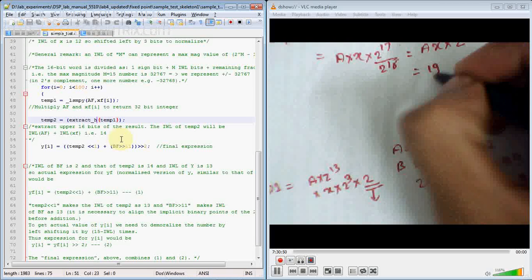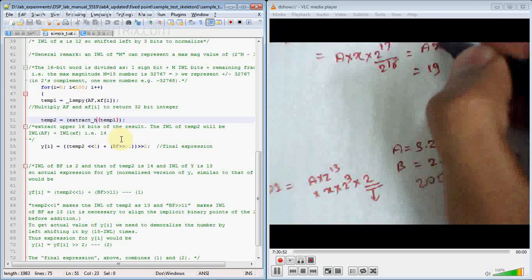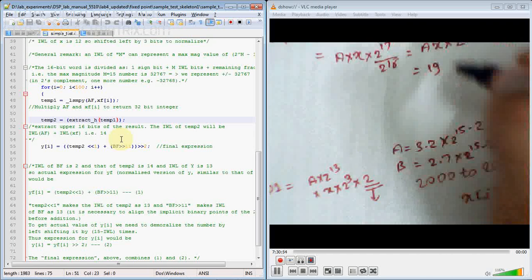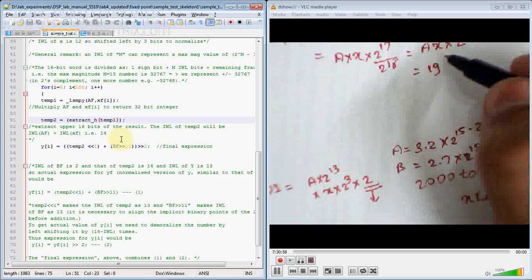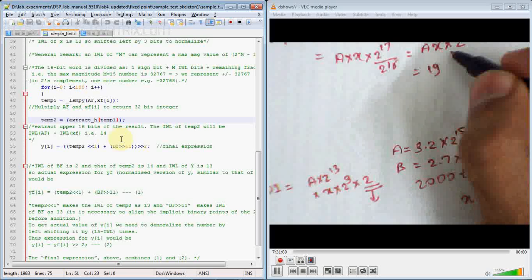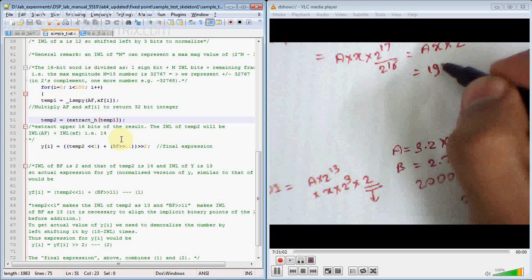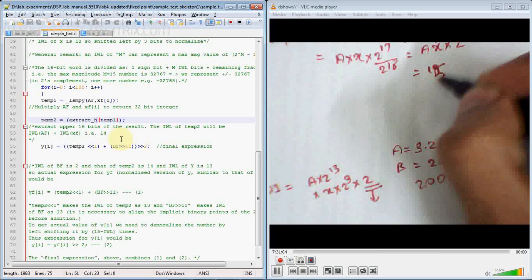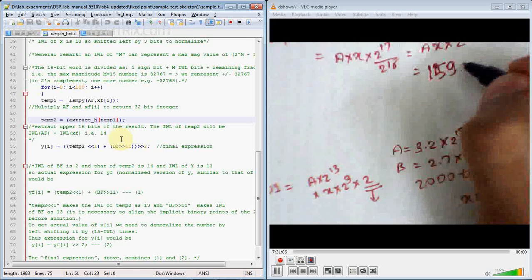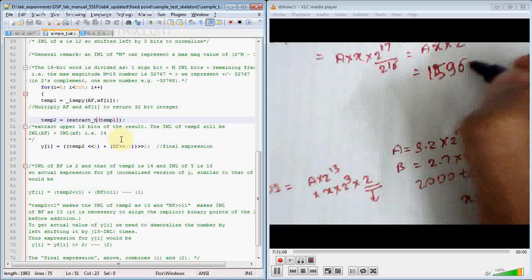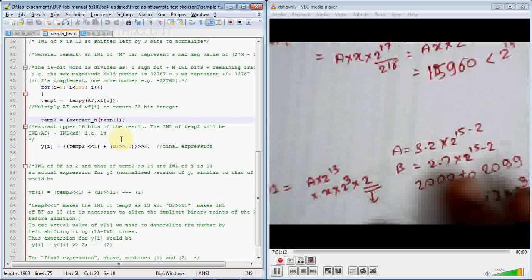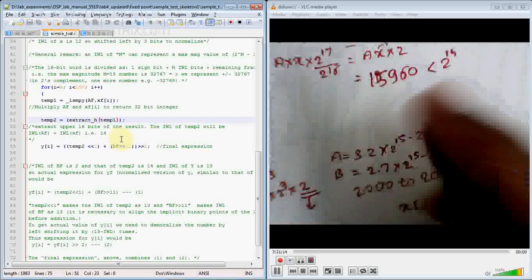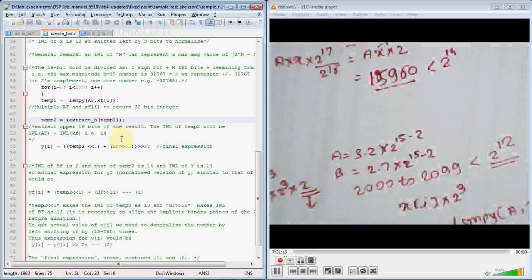If we take the maximum value of x, which is 2099, and a is the constant 3.2, and multiply and take the result, this turns out to be 15960, which is again less than 2 power 14.